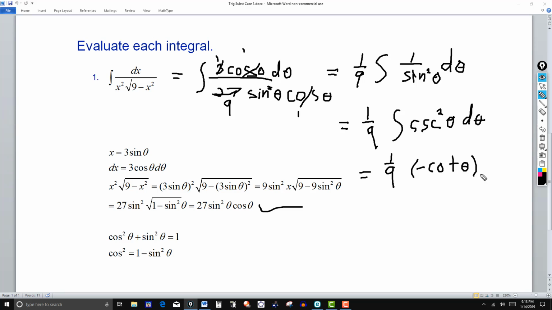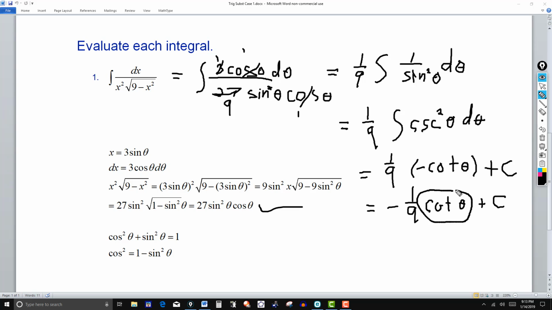There you have it. So this is going to equal minus 1/9 cotangent theta plus c. And just like in the regular u substitutions, you always go back and write your answer in terms of the original variable, and that's x. So all we need to find here is what is cotangent of theta, and that's where that little triangle comes into play.